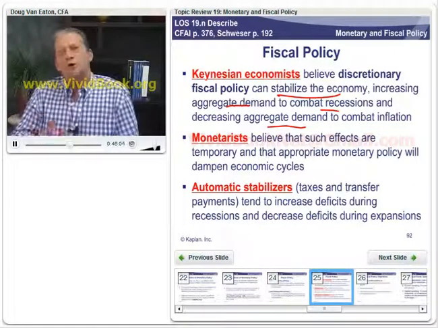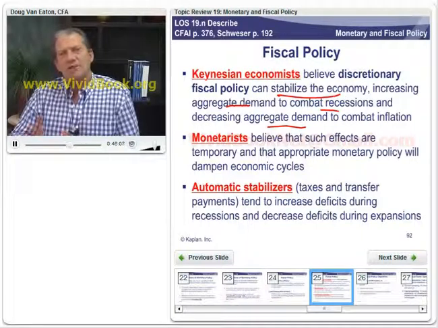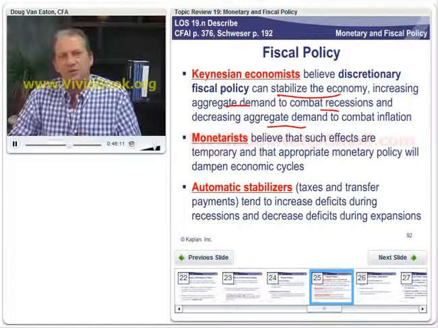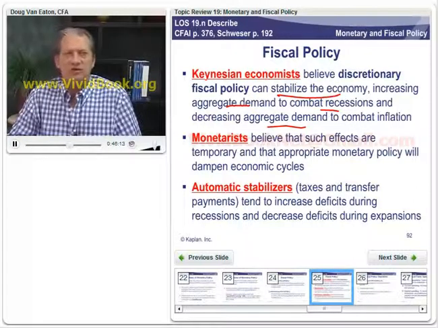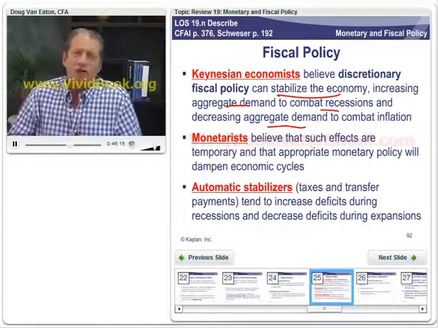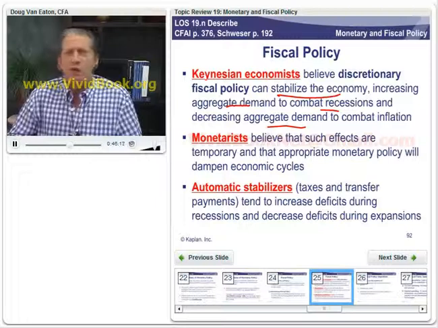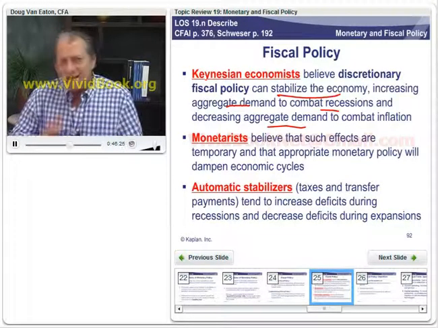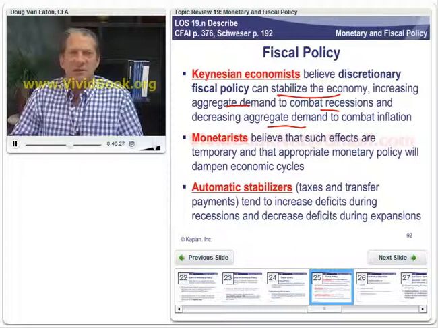If we're in a recession, unemployment is high, then this government spending for unemployment insurance increases. So that's why we call these automatic stabilizers. They're already in place. They don't require a new policy decision. They don't require an act of Congress or anything. They tend to automatically stabilize the economy.